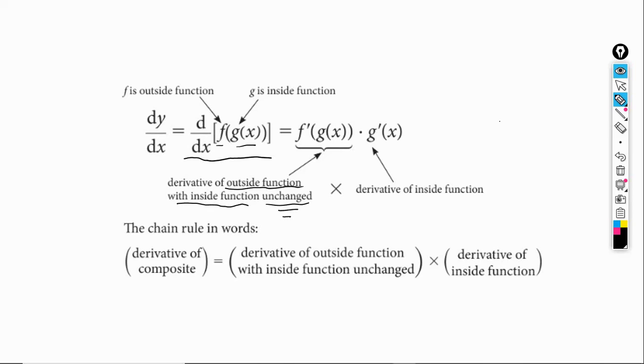So this is one of the key things here, because a lot of people forget this, that you have to leave the inside unchanged when you do the derivative of the outside. And then you multiply it times the derivative of the inside functions. So here they have it in words. The derivative of a composite function equals the derivative of the outside function with the inside function unchanged times the derivative of the inside function.